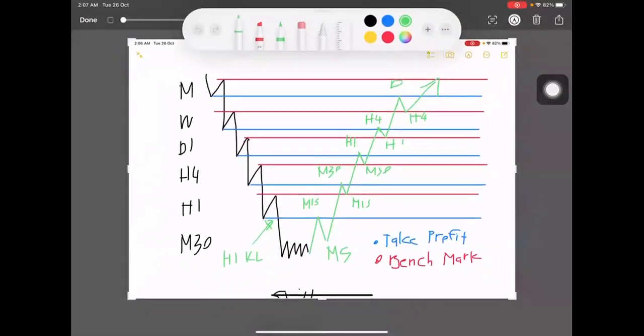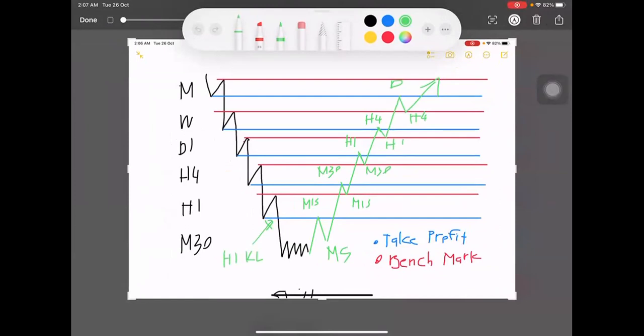So price breaks from M30 to H1, and H1 setup will be M15, and price will go sideways, right?